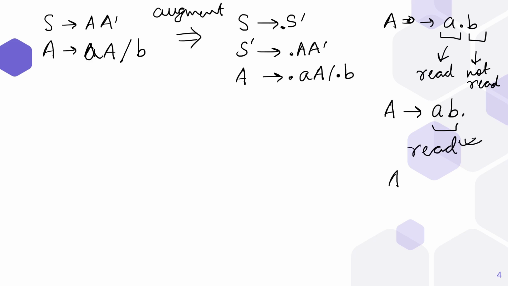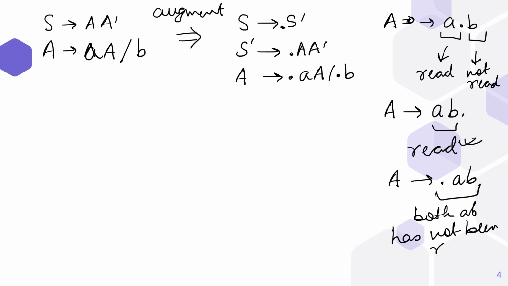If I say dot AB, it means that both A and B have not been read. I hope augmentation is clear.